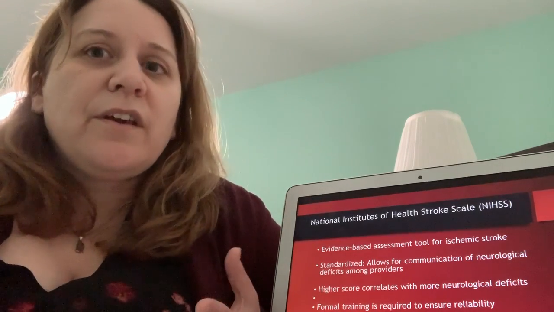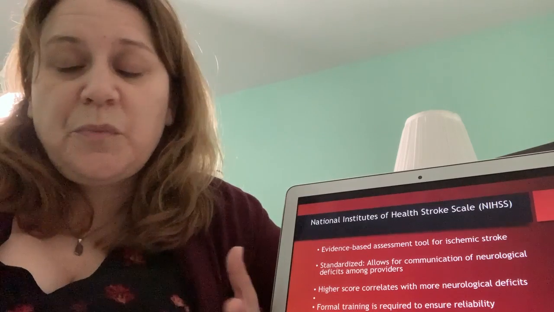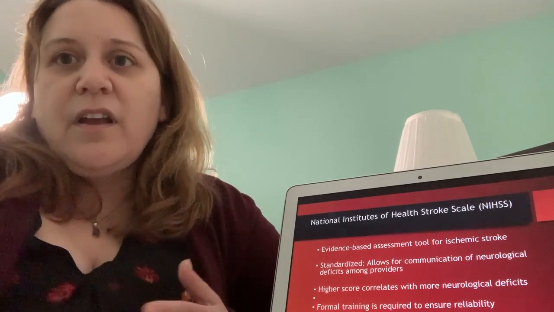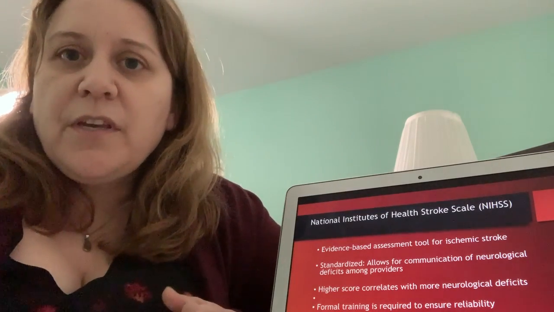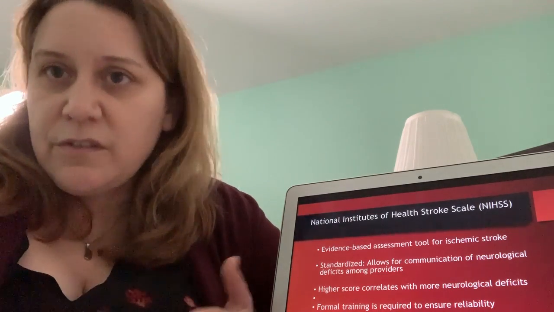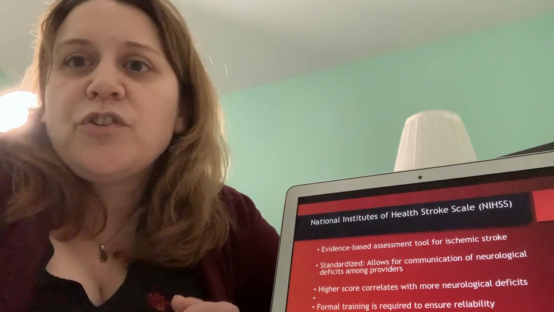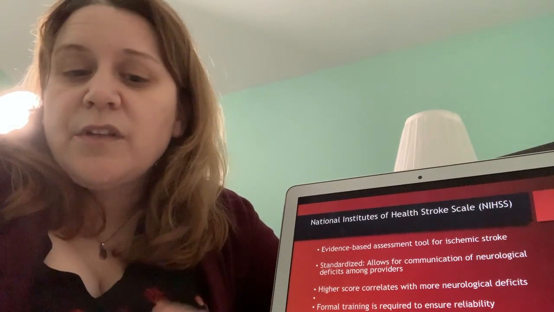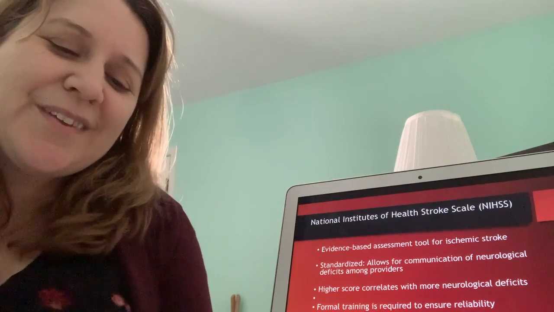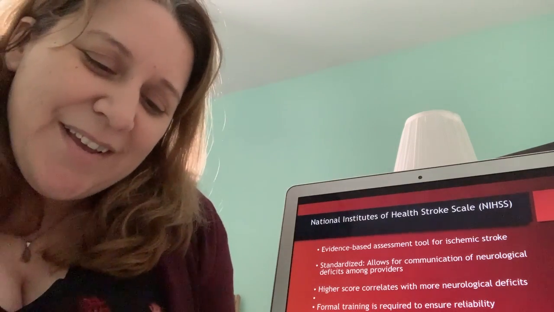The best way to get good at the NIH stroke scale is to just practice like any skill. And these computer modules are great because you can do them over and over. They're modeled on real scenarios. They use real actor clinicians and patients, and you can do them as much as you want. And you get CEUs for doing it, which is great. You can't beat that.